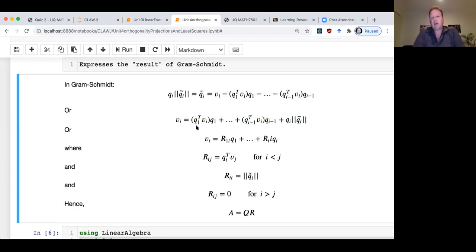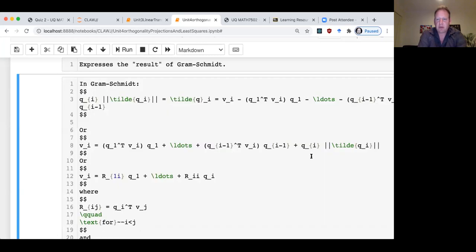What we see is kind of nice: Vi is a linear combination of Q1 up to Qi. Vi is a linear combination of Q1, Q2, up to Qi minus 1 and Qi.